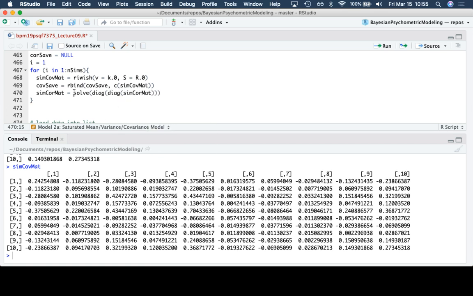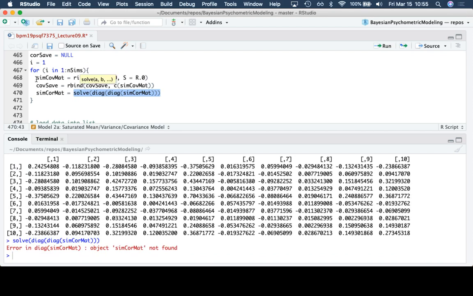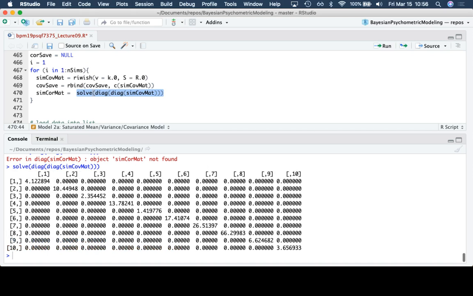So basically I can take the matrix product, this right here should give me a matrix of 1 over the diagonal in the covariance matrix. And if I pre and post multiply the covariance matrix by that, I get a correlation matrix. That's what I'm trying to do. So this thing right here.